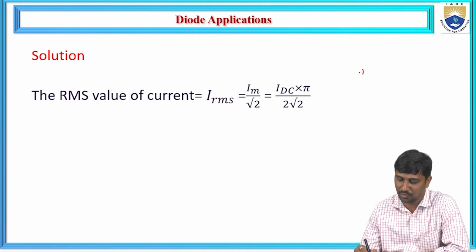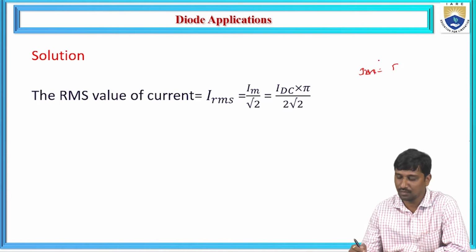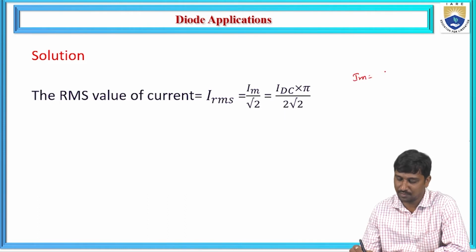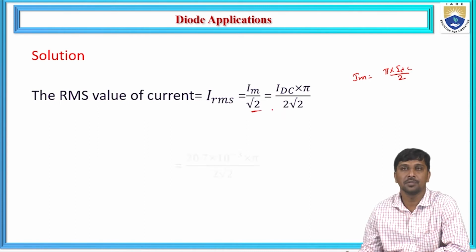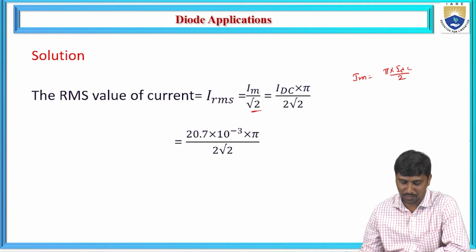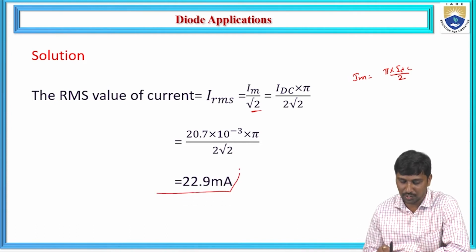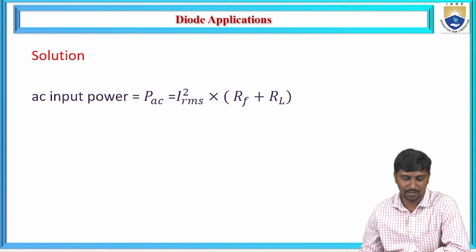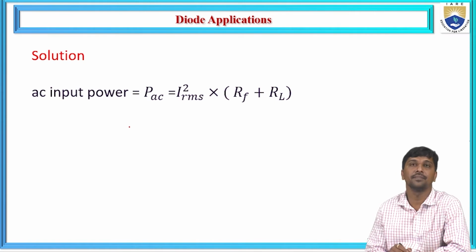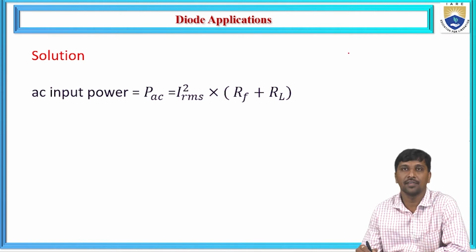So I substitute this value, IDC into pi by 2, and this is root 2. Then you can substitute the given values, and you can observe this IRMS is 22.9 milliamperes.